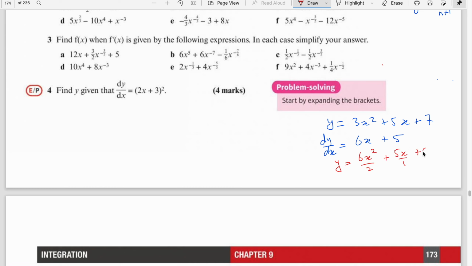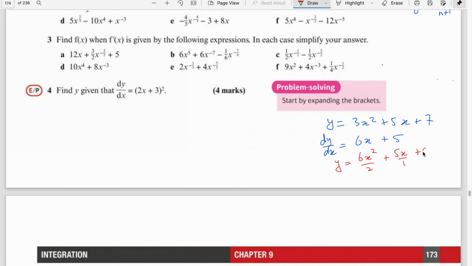Look at question number 4. It says find y given that dy by dx is this. Now there are a few types. Let us go to the writing space. Okay, generally when we have something like a raised to the power u, u is a function and that is raised to the power.